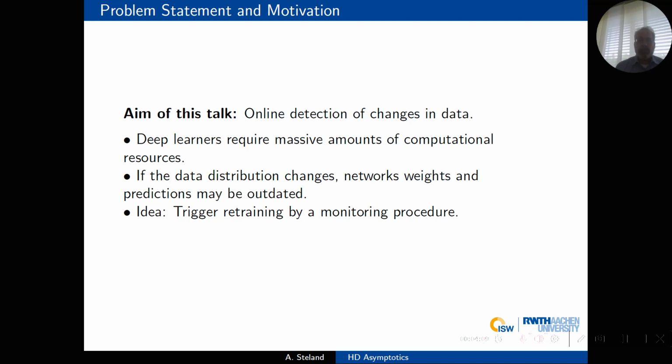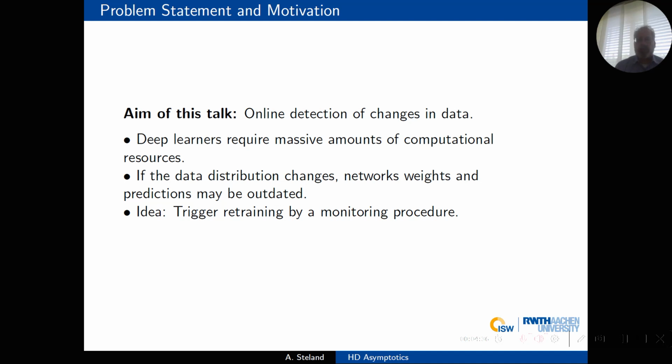But the problem is if the data distribution changes, then the network weights are no longer optimal. This means that the predictions may be outdated. This means that you apply, for example, a classifier or regression predictions using an outdated approach. There are, of course, several ways to deal with that.